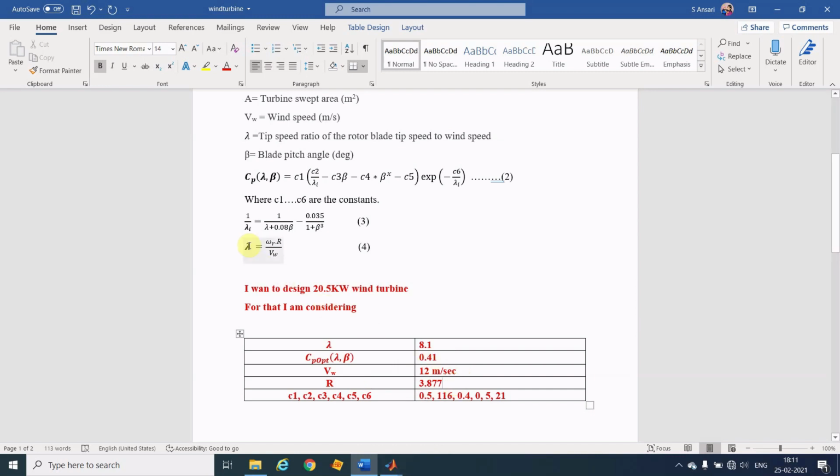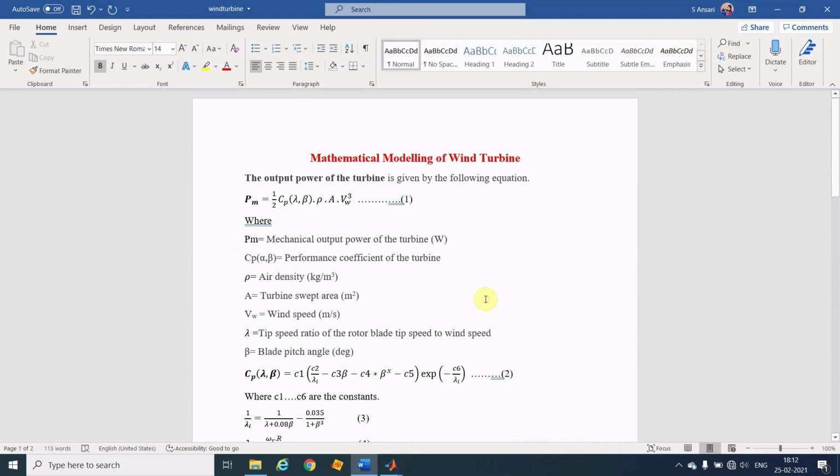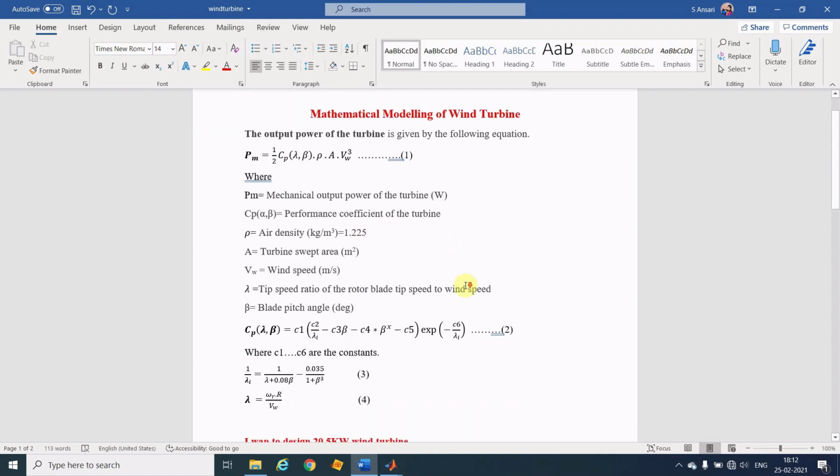So lambda will be 8.1 and the velocity will be 12. But before that you have to calculate the radius, and the radius can be calculated from equation 1. Generally the rho value is standard, 1.225 kg per meter cubed.